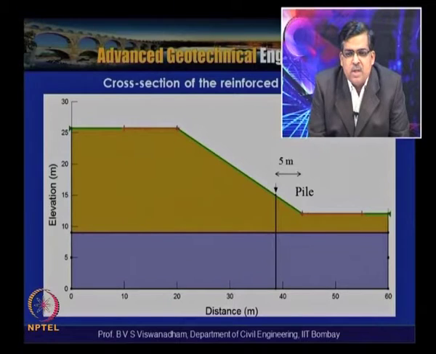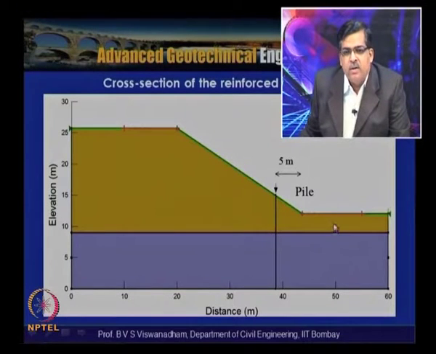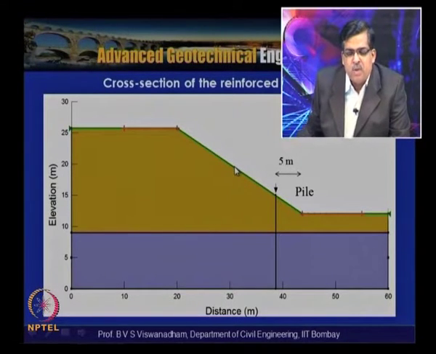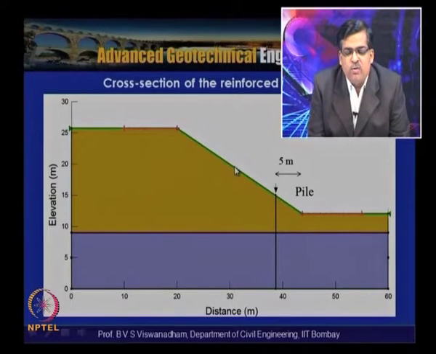There is a possibility that the pile can be located at other distances. From the literature review it has been found that if the pile is located at the mid distance of the slope, there is a good reason for having stability of the slope.